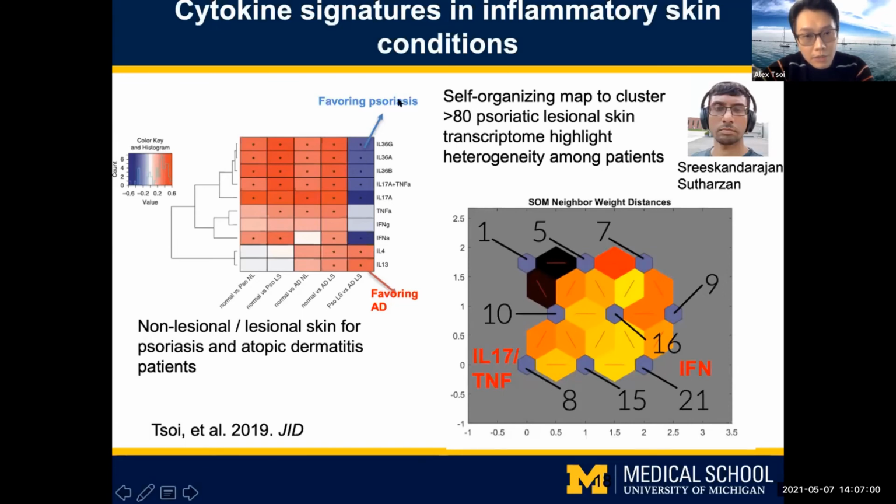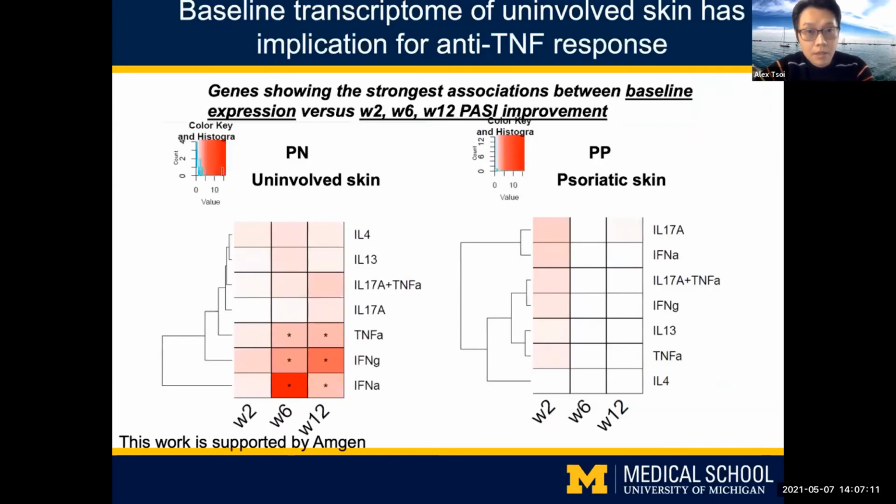But can we actually apply it to see whether this could be good, informative features for us to provide drug response assessment? So we look at our RNA-seq data for patients that undergo anti-TNF response.